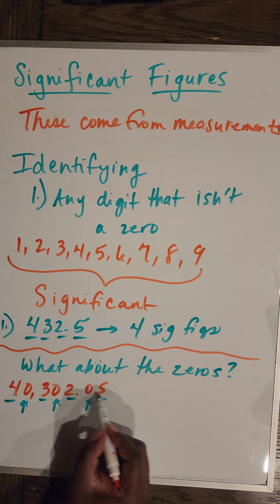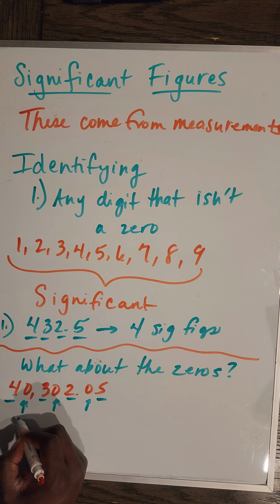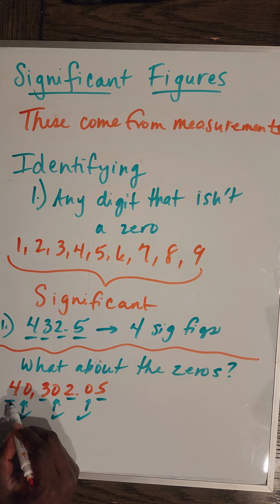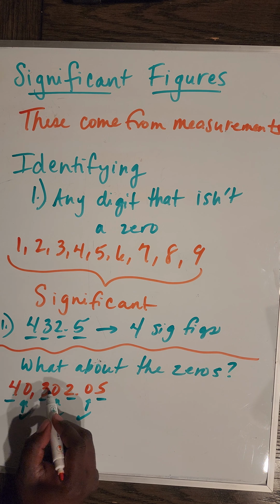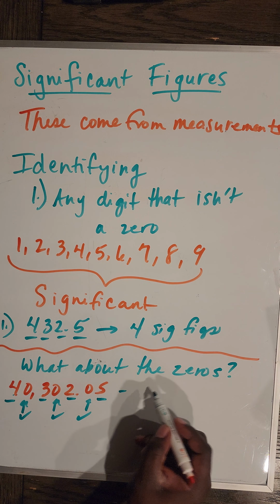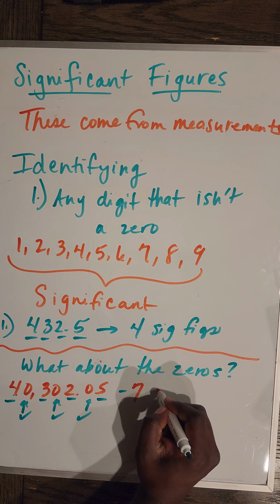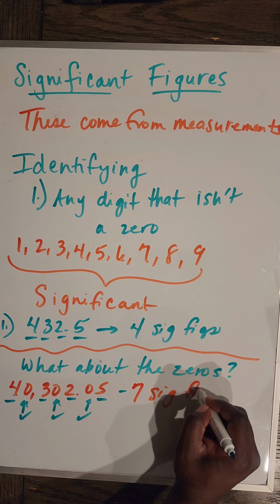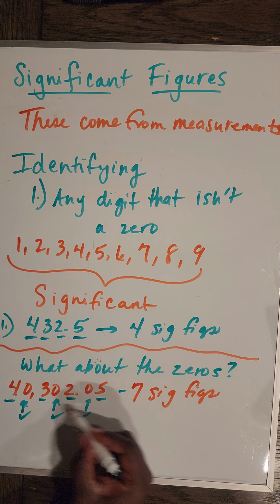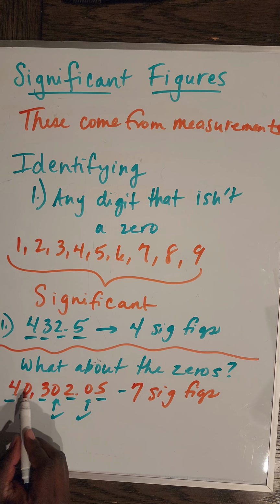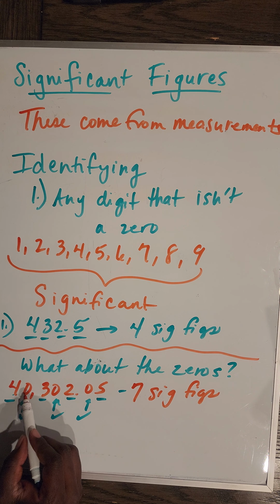So if they are in between sig figs, then they also become significant. So instead of just having 1, 2, 3, 4, now you got 1, 2, 3, 4, 5, 6, 7. So on this one, there are 7 sig figs. So for zeros, if they are in between significant digits, then that makes them significant also.